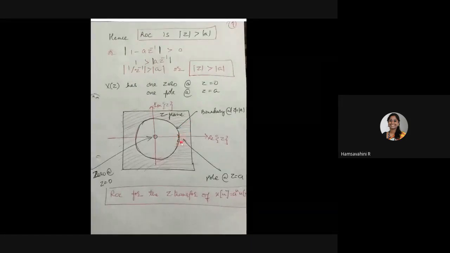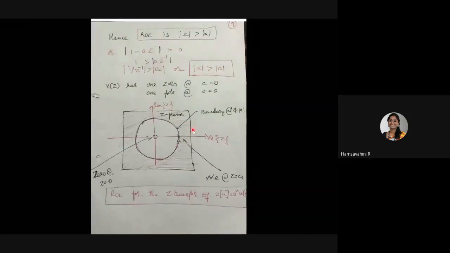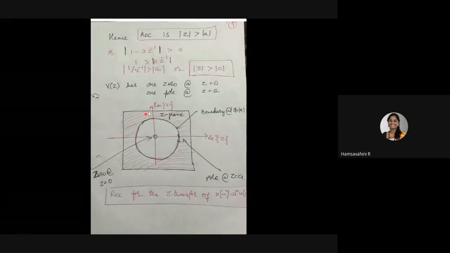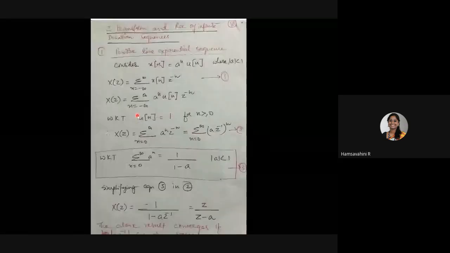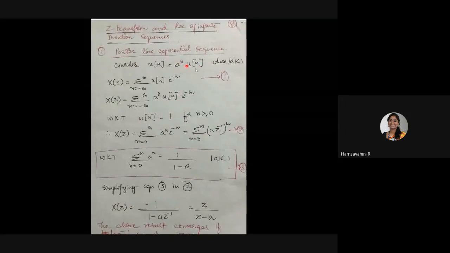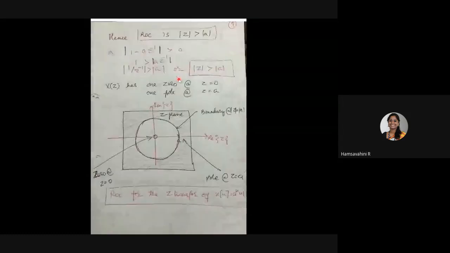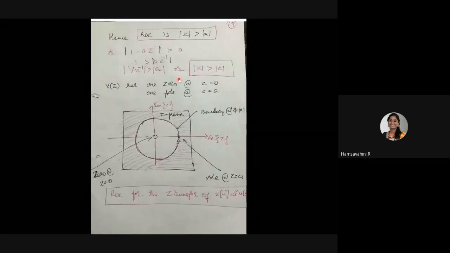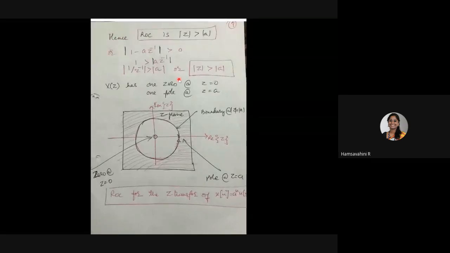In this case, it is the values which lie outside the circle, or exterior to the circle. The shaded region represents the ROC for the given positive time exponential sequence, that is a to the power n u of n. So always remember, for a right-sided sequence, in this case an infinite sequence, the ROC is always exterior to the highest magnitude pole.